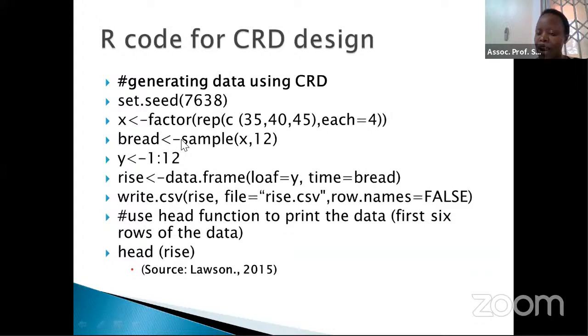Remember that in a completely randomized design, we need to randomize to avoid bias, and it is also an assumption for us to be able to perform our analysis of variance. That's why we need to randomize. But you can choose. Do you want different randomization of treatments to the experimental units all the time? No, we want to have one randomization.